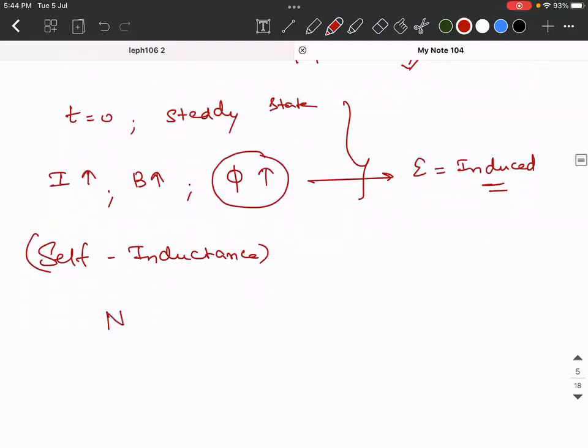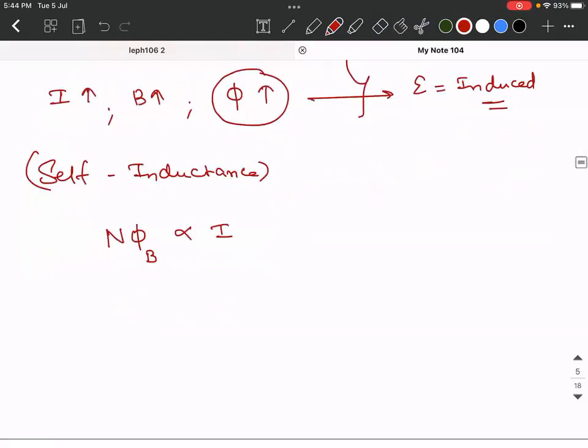Okay, let's try to understand what the self-inductance has to tell us. Can I say that the amount of magnetic flux associated with the coil is directly proportional to the amount of current flowing through it? Can I say that? So N times phi B is directly proportional to I. Now, if I remove the proportionality symbol, what am I going to get?